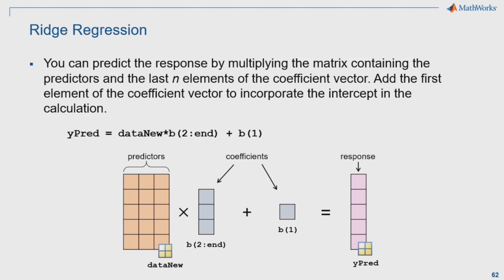Since the ridge regression gives you a vector of parameters b, in which the first entry is an intercept, to predict your response variable you just have to do the product between the new X matrix, which is the matrix of predictors but with new data, of course, if you want to do a prediction, multiplied by the part of your b vector from 2 until the end, so all the terms without the intercept or the bias, and then sum the bias.